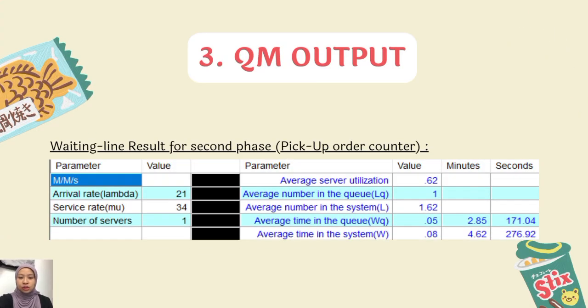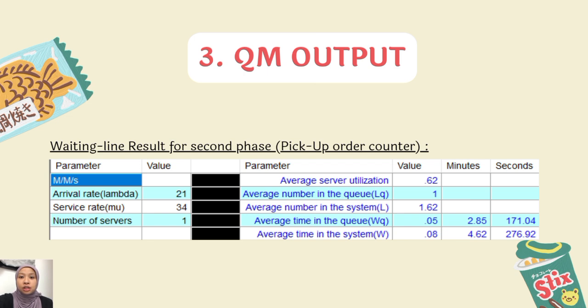This slide shows the waiting line results for the pickup order counter. The arrival rate denoted by lambda is 21 customers per minute, while the service rate mu is 34 customers per minute, with just one server in operation. The average server utilization is 0.62, meaning the server is busy 62% of the time.